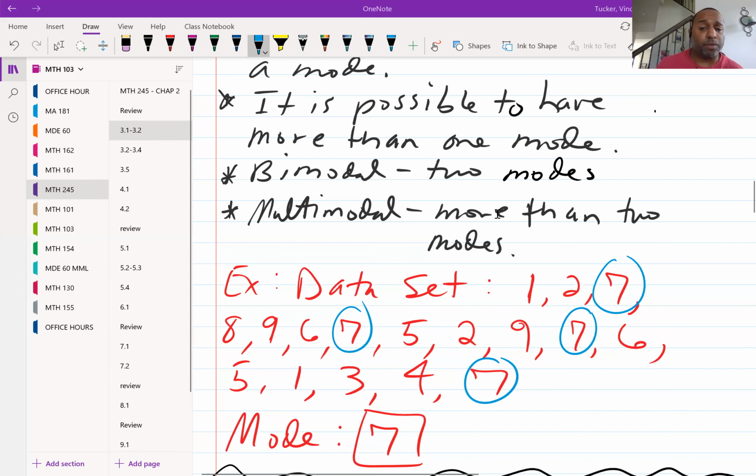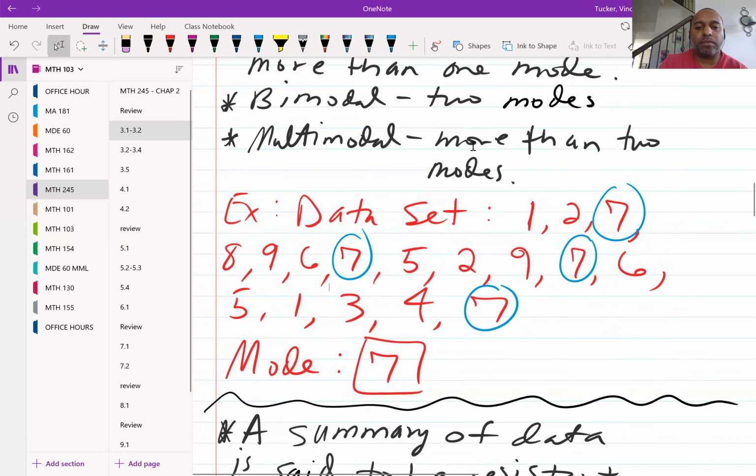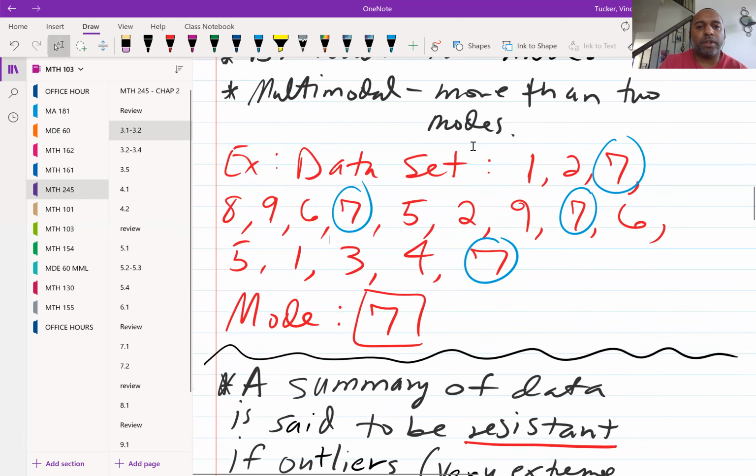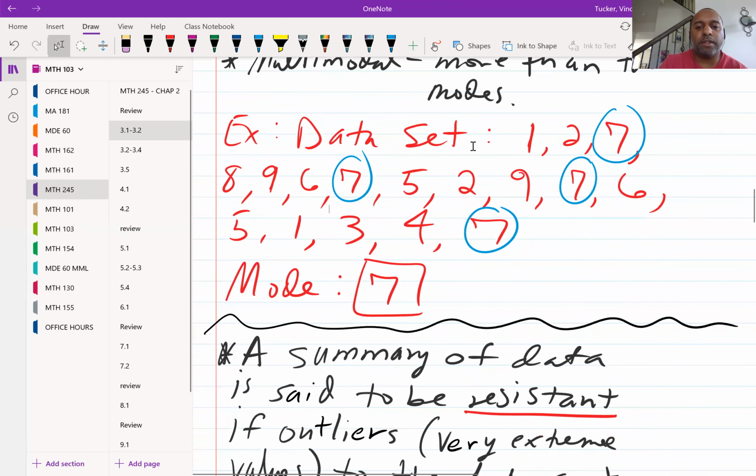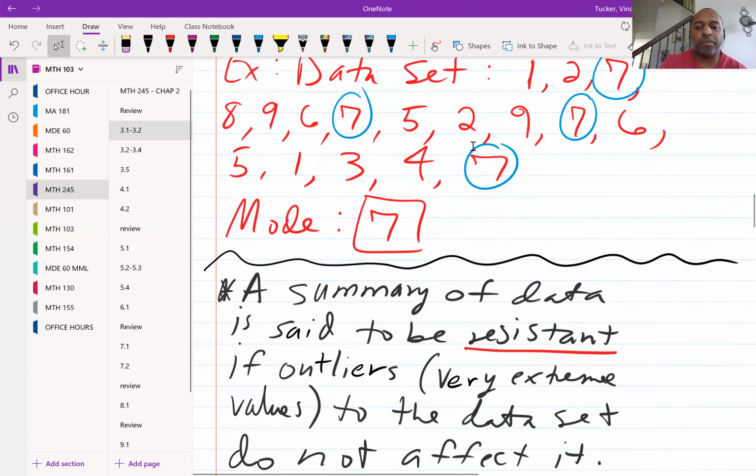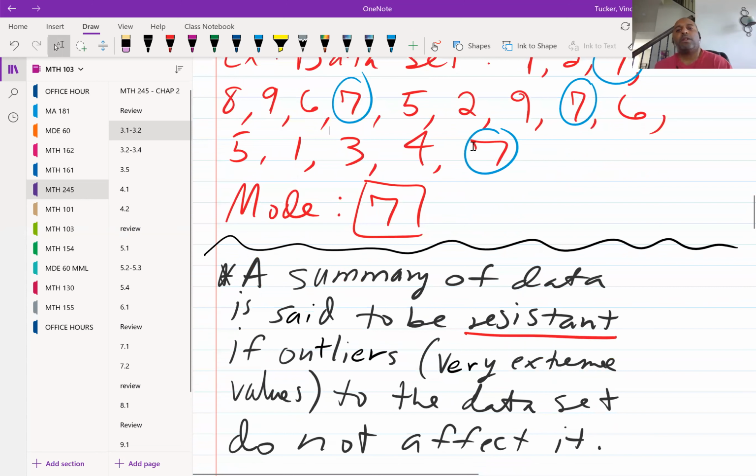That's all you've got to do, find the one that appears the most frequently. Yep, that is the mode. All right, we good with that? Can I scroll up? Everybody good?